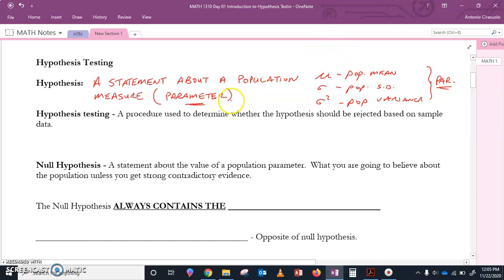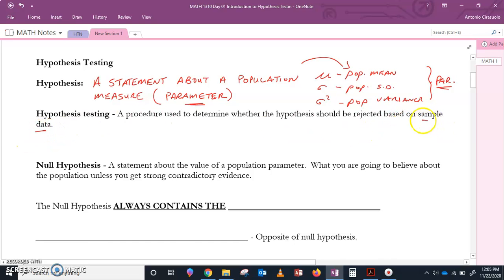All right, and so a hypothesis is a statement about these population figures. Now, hypothesis testing is a procedure used to determine whether the hypothesis should be rejected based on sample data.